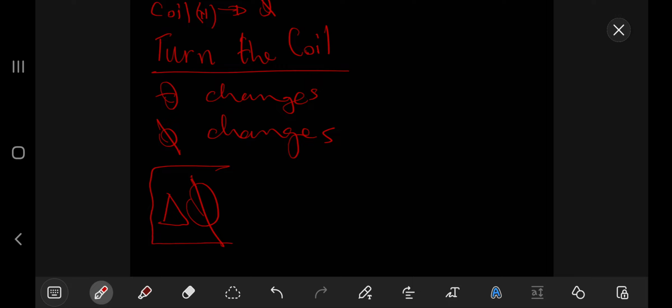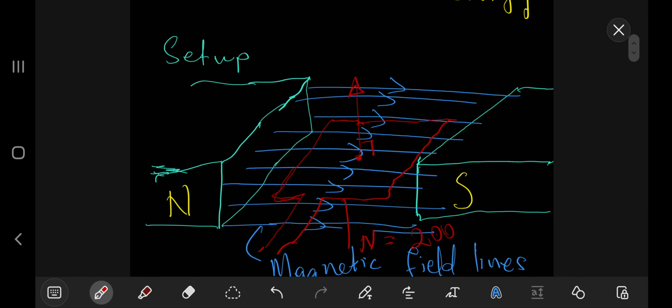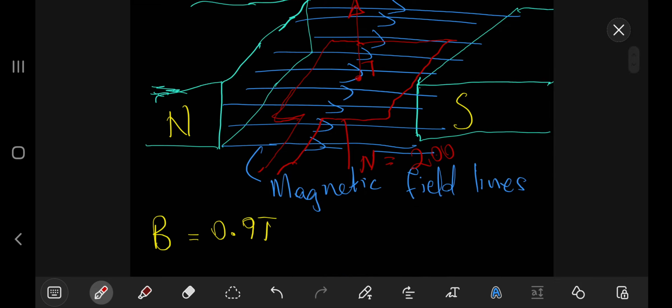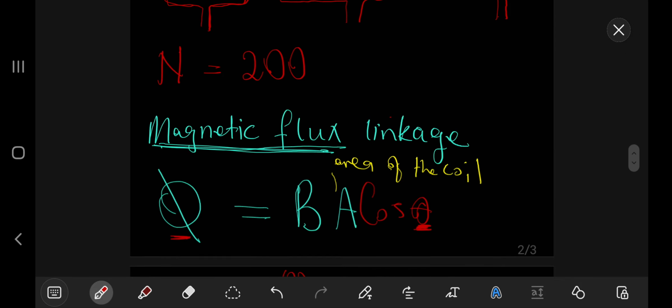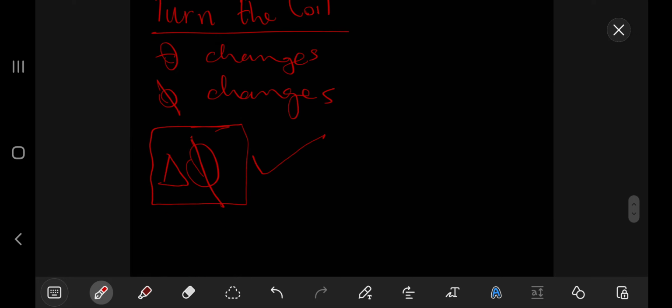So for us to have electricity, this thing must change, right? So if they ask you, they say we put the coil between the magnets and rotate it, and then they say give a reason why EMF was induced. It is because there was a change in the magnetic flux linkage. That is the reason.